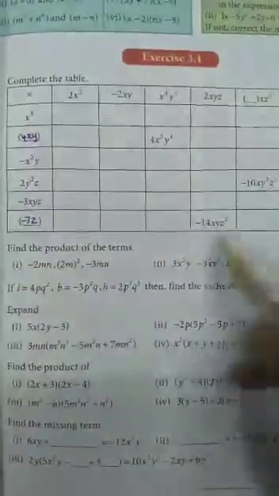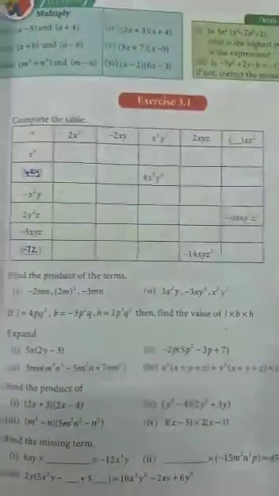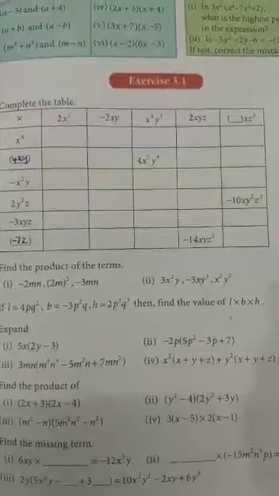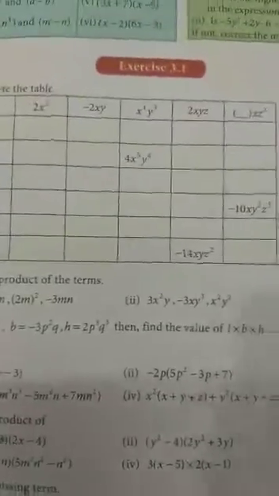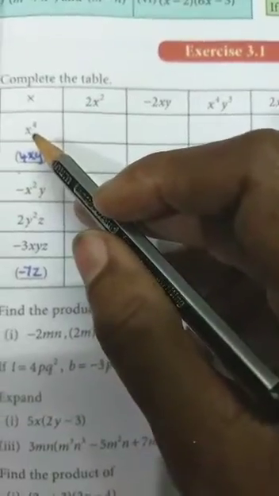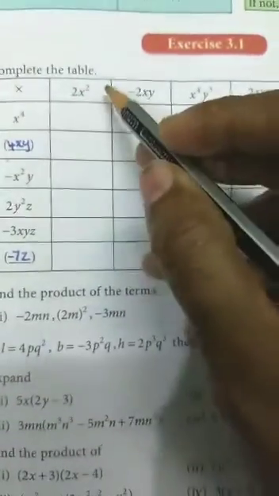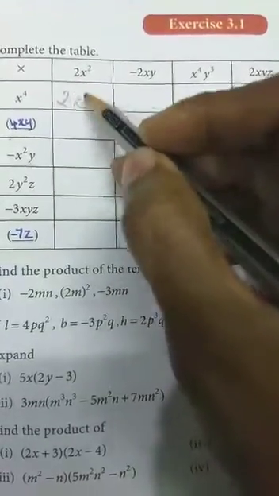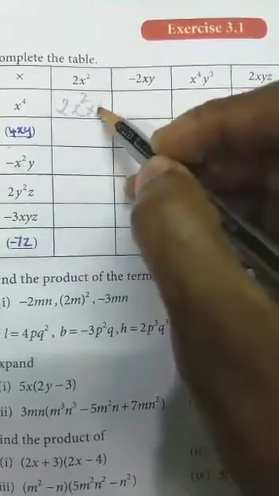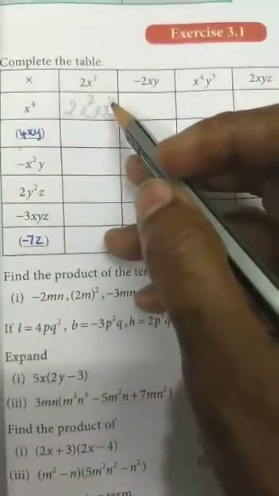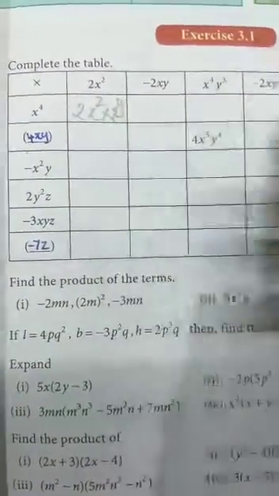Today's homework is you have to complete this table in the book and take a photo and send it to me. Now I shall explain how you have to multiply and write. Okay. Here they are given x power 4, isn't it? You have to multiply with this. So 2 into x square into x power 4, so the answer is 2x power 6.